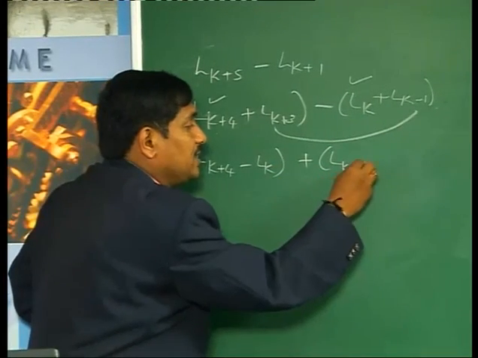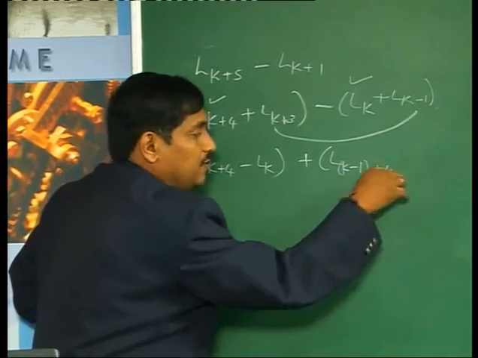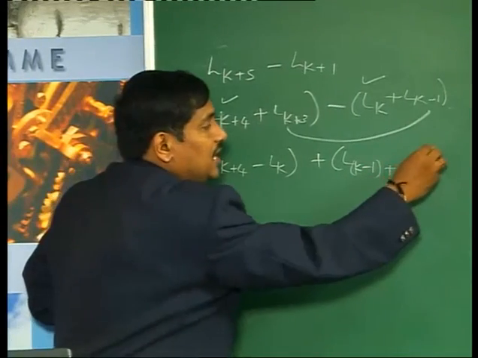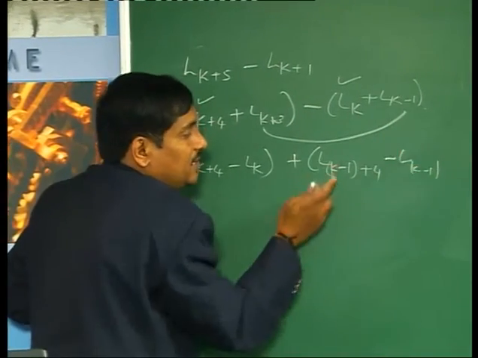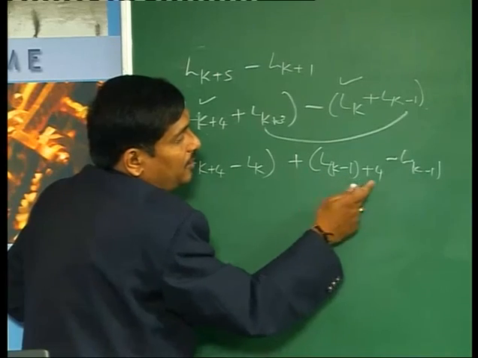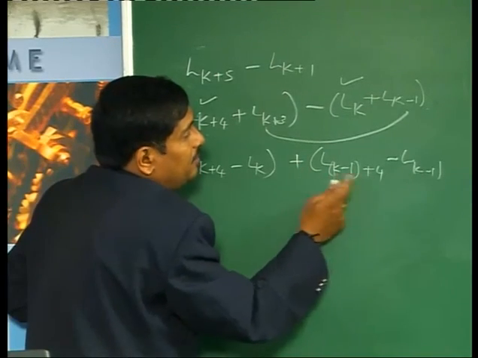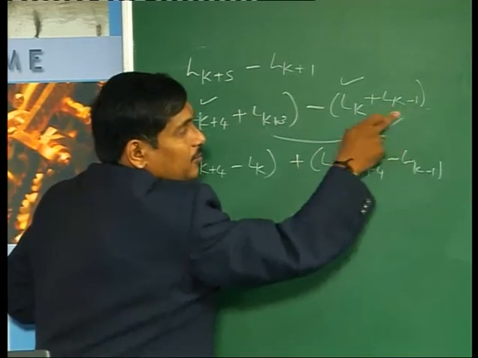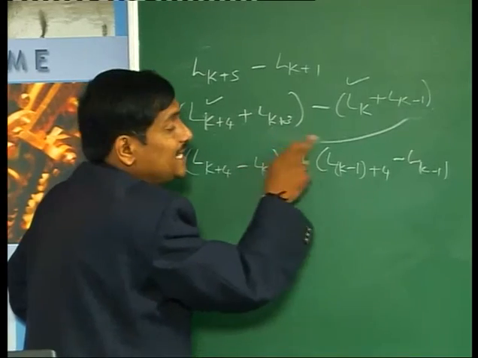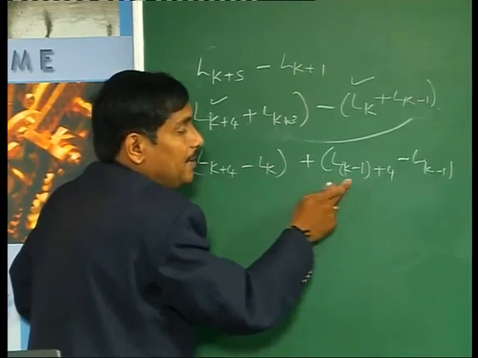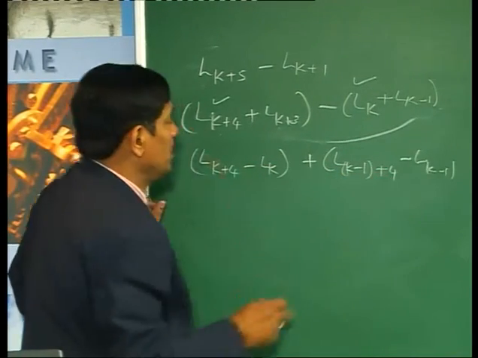L of k plus 3 can be written as L of k minus 1 plus 4 minus L of k minus 1, because the k minus 1 term is there, that is why we adjusted this as L of k minus 1 plus 4.